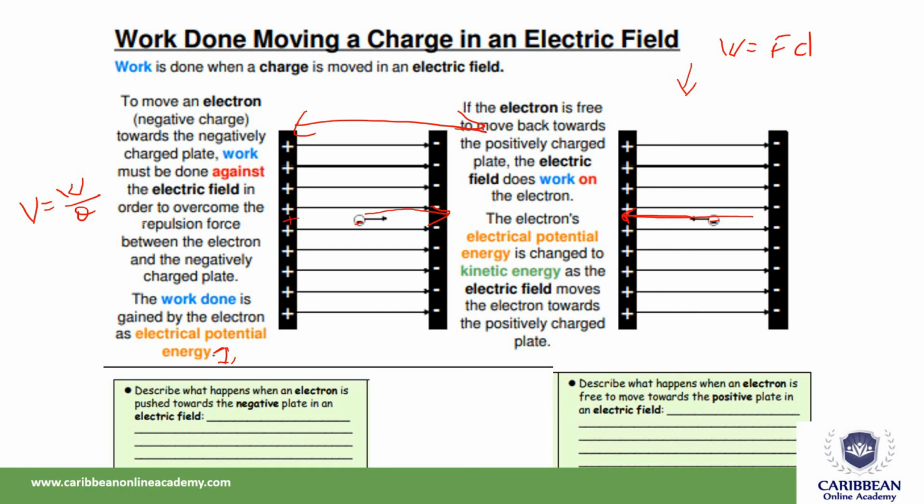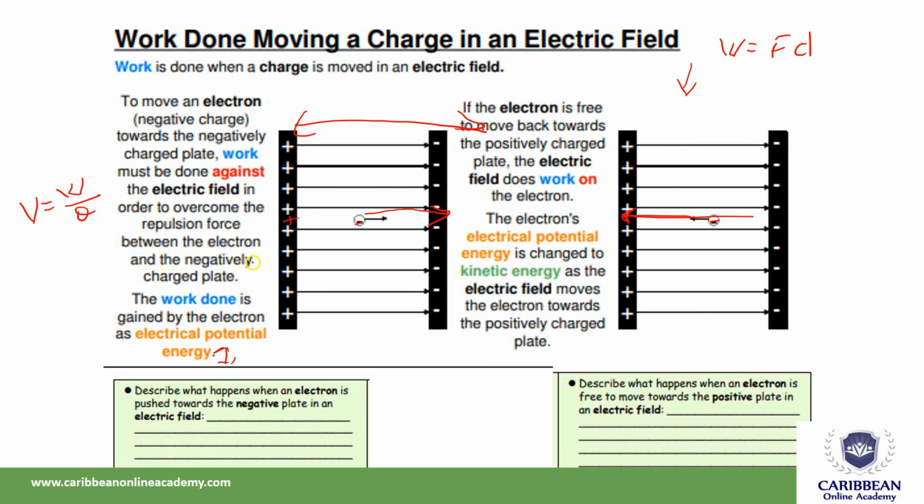Let's take, for example, this diagram right here. It says to move an electron, which is negatively charged, towards the negatively charged plate, work must be done against the electric field in order to overcome the repulsive force between the electron and the negatively charged plate.